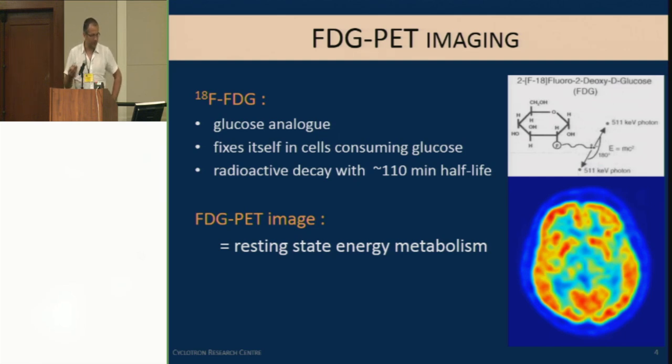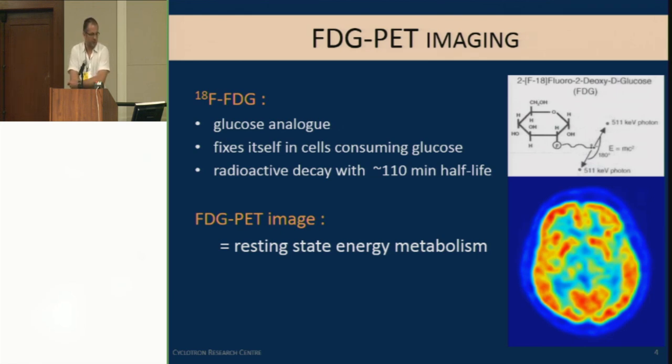Since this is a modified glucose molecule, it will fixate in the brain. And because the F18 has a half-life of about 110 minutes, you've got plenty of time to do the scanning. In the end, every FDG map looks like the colorful image you have here at the bottom right.